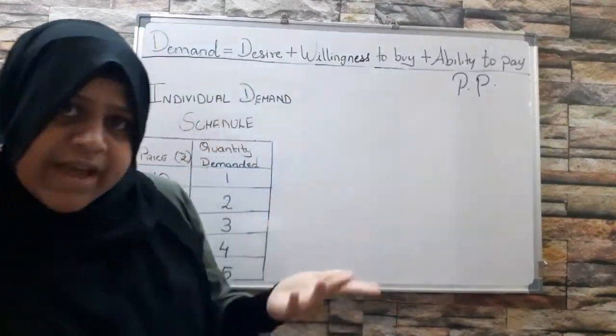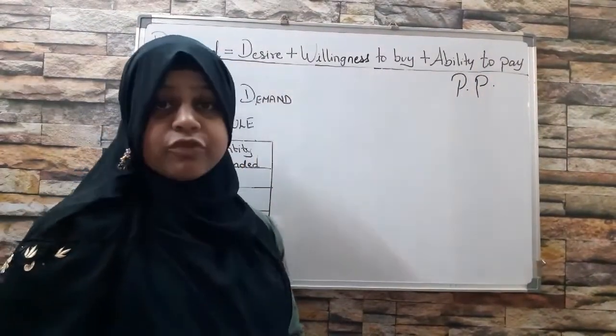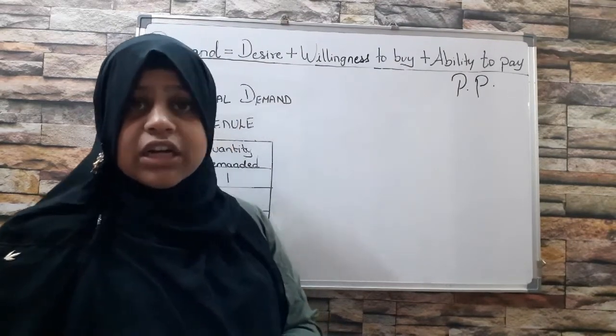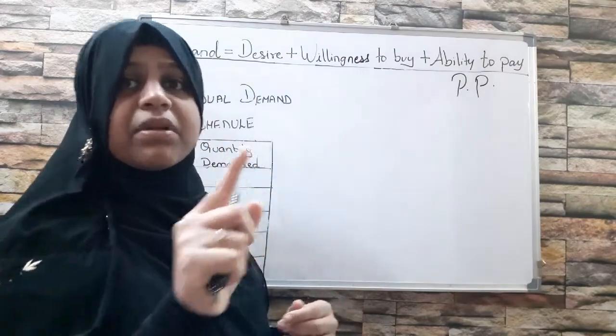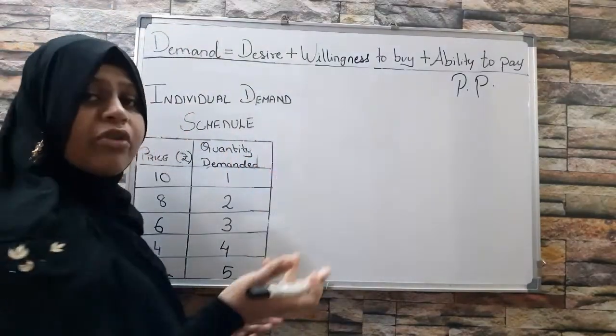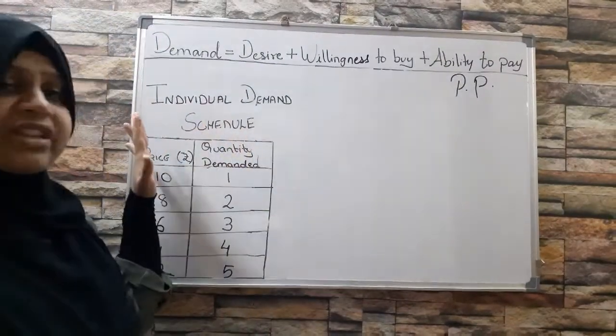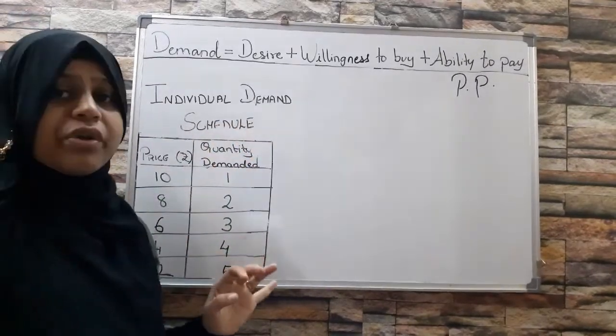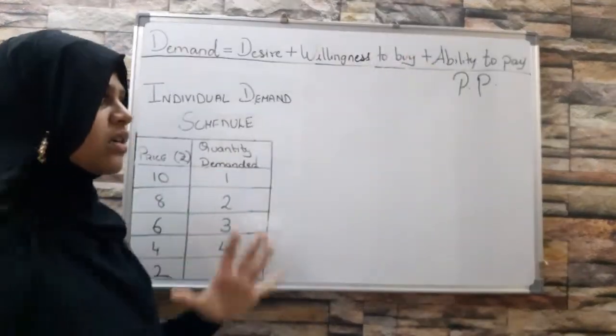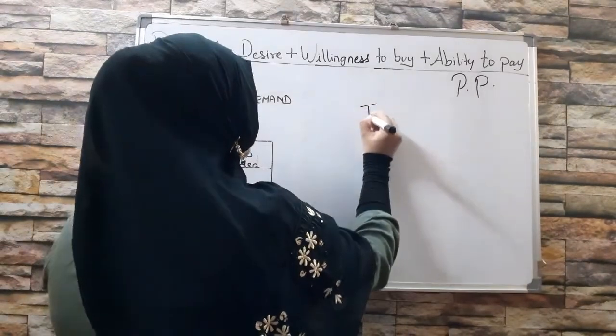The first step while making a curve is to label the diagram. If this is the individual demand schedule, the name of my diagram is going to be individual demand curve.